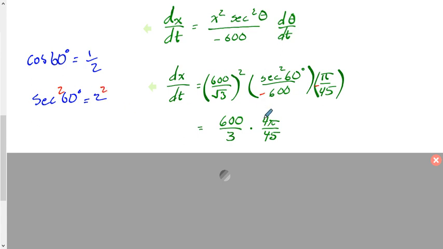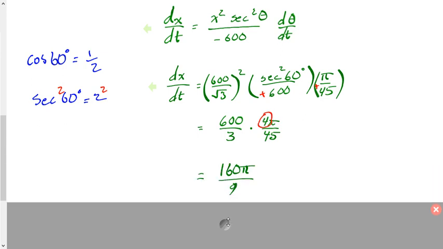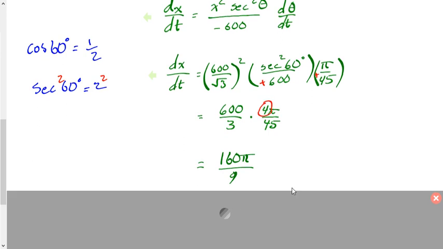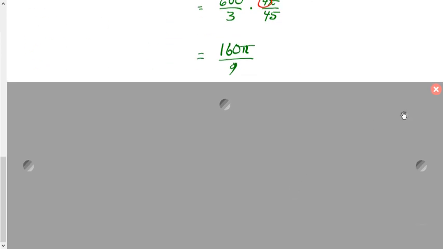And then it's multiplied to the pi over 45, and the negative times negative gave me a positive. If we want an exact value answer, there we go, 160 pi over 9. Quite likely we'll be interested in a decimal approximation, and this works out to be about 55.9 meters per second.